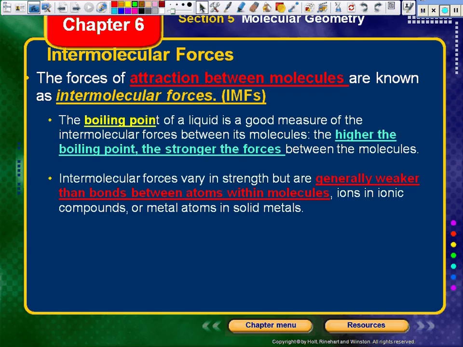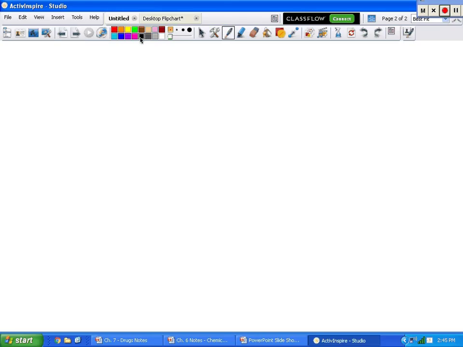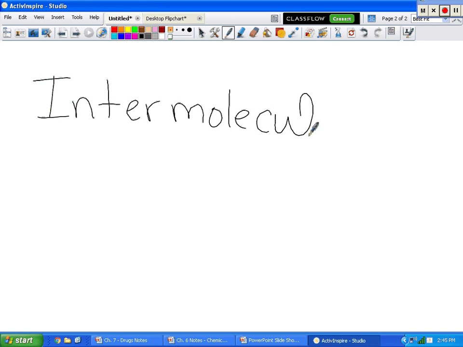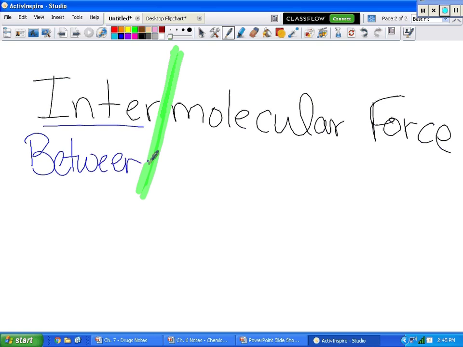So I want to break this word down for you again. We've done it once, but let's do it again. So here's the word. If I split this word right here, what does this prefix mean? Between. Very good. And molecular means molecule.